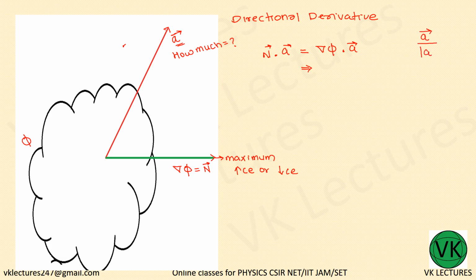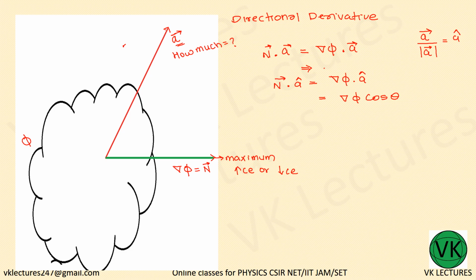So we will write this as a cap. So our formula is n vector dot a cap is equal to del phi dot a cap. Or you can write, since a cap is a unit vector, its magnitude is 1, so del phi cos theta.